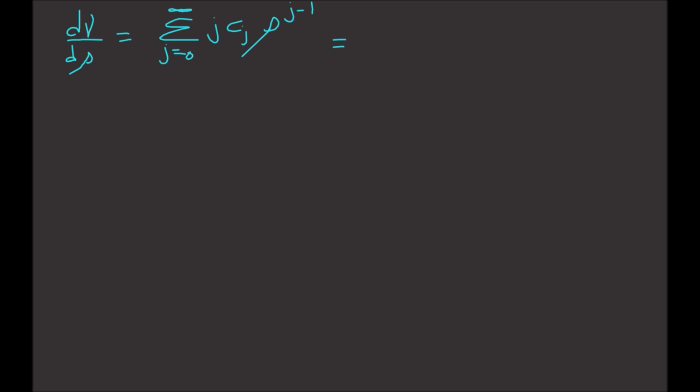I'm going to call it j plus 1. So now we have the sum where j starts from 0. You may object: why does j now start from 0? It should start from minus 1. That's good. Write the first term and see what the first term gives you. So this is going to give us j plus 1 times c sub j plus 1 times rho to the j.